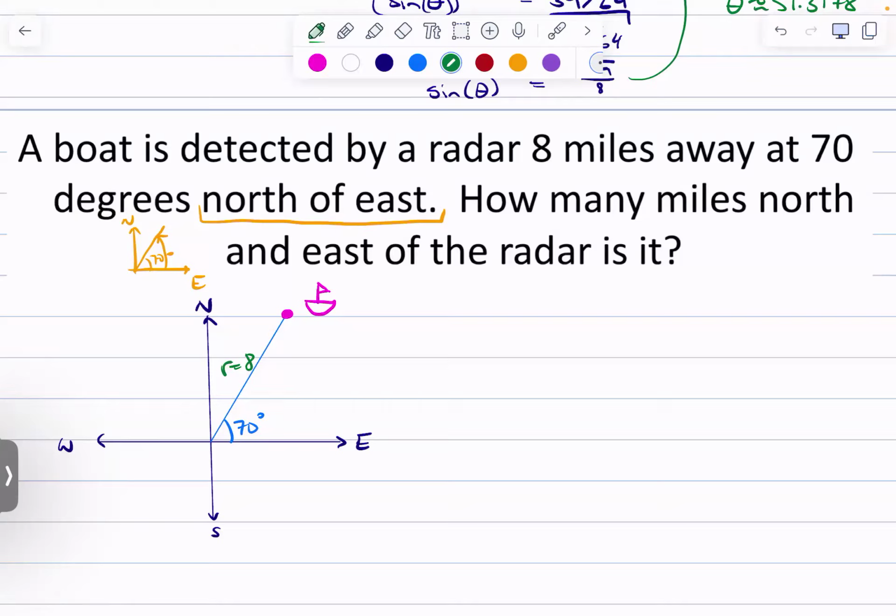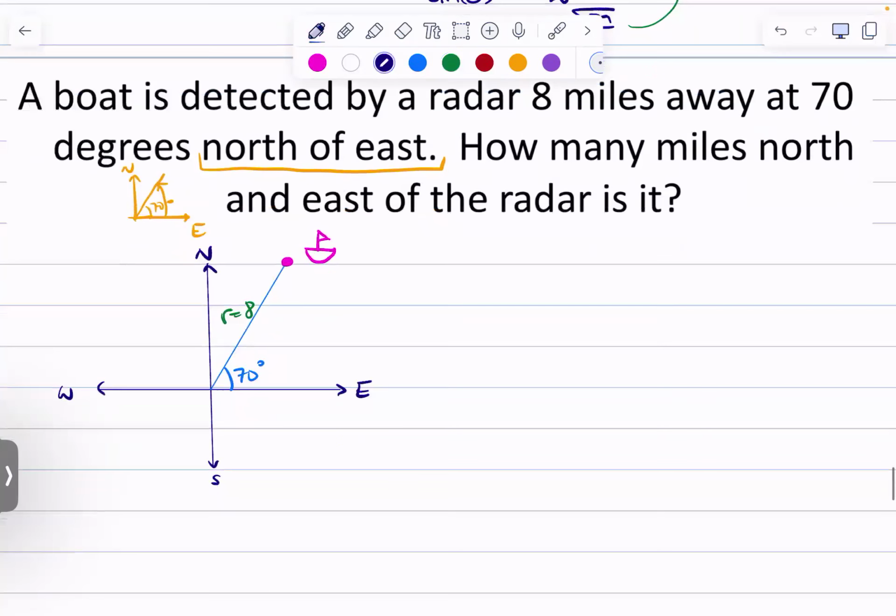That's really just asking you to find, well, what's your X and what's your Y, right? And again, there's lots of different ways that you could solve it, right? You could use the fact that X is r cos theta. That might be nice.